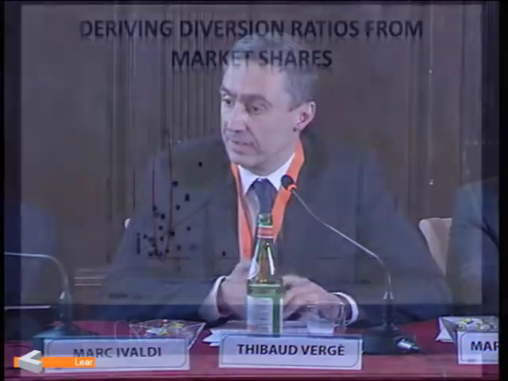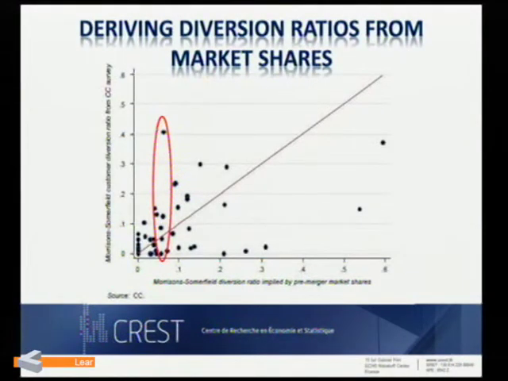And so I've borrowed from a paper that Chris wrote a few years ago, based on merger cases at the CC. Here you have plots, in the Morrison-Summerfield merger, of the diversion ratios that were computed using consumer surveys, at the doors of the supermarket, on the vertical axis. And on the horizontal one, you have the diversion ratios that would be implied by market shares.